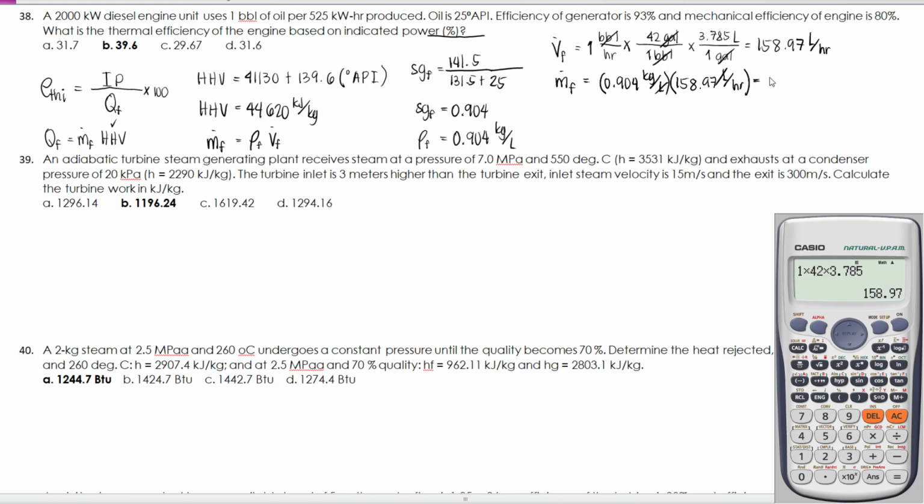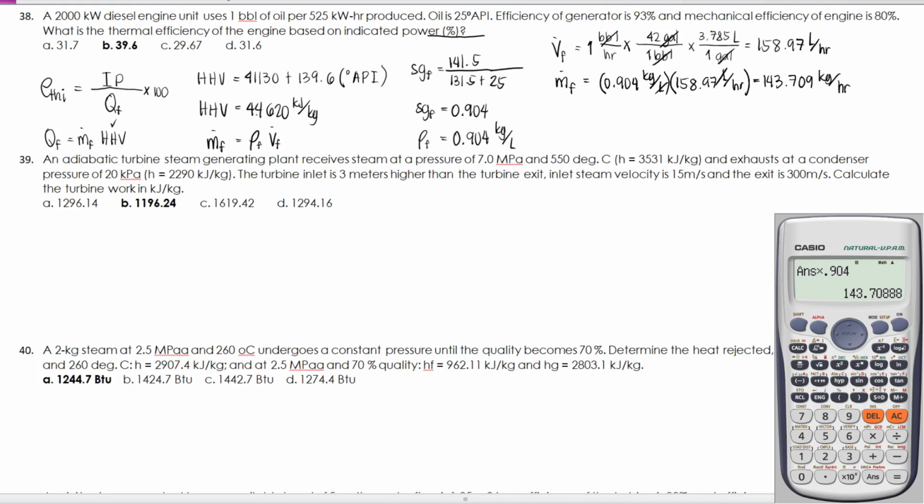So, this will be in kilograms per hour. So, multiply na lang natin yung nasa calculator natin na 158.97 sa 0.904. That will be 143.709. 143.709 kilograms per hour.